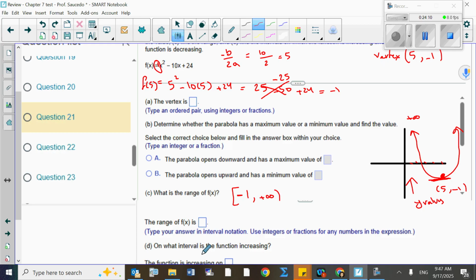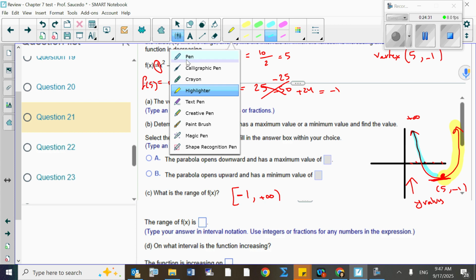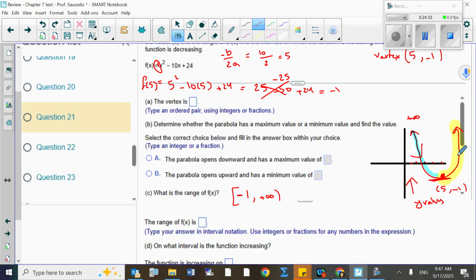Now it's asking us on what interval the function is increasing. So the increasing part of my function is this part. From the vertex to the right side, this is moving up. And on the other hand, this one is moving down. This is decreasing, this one is increasing.